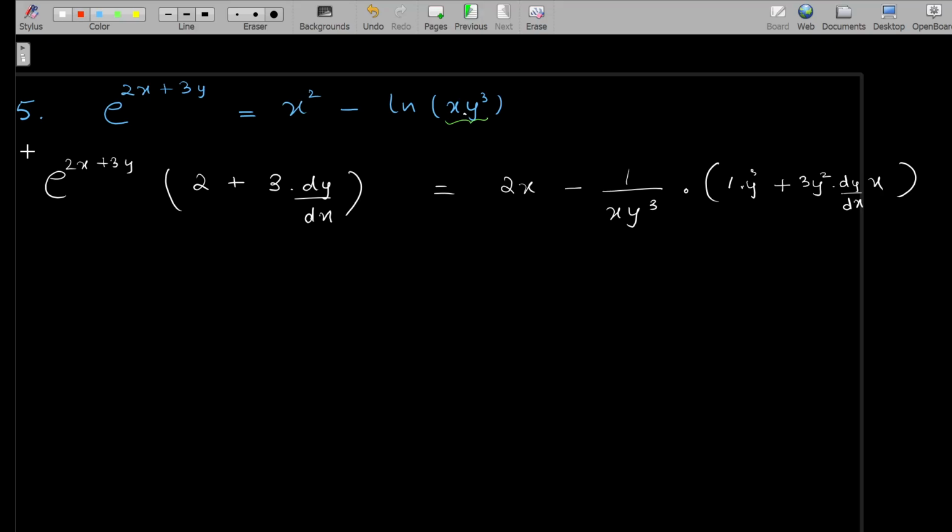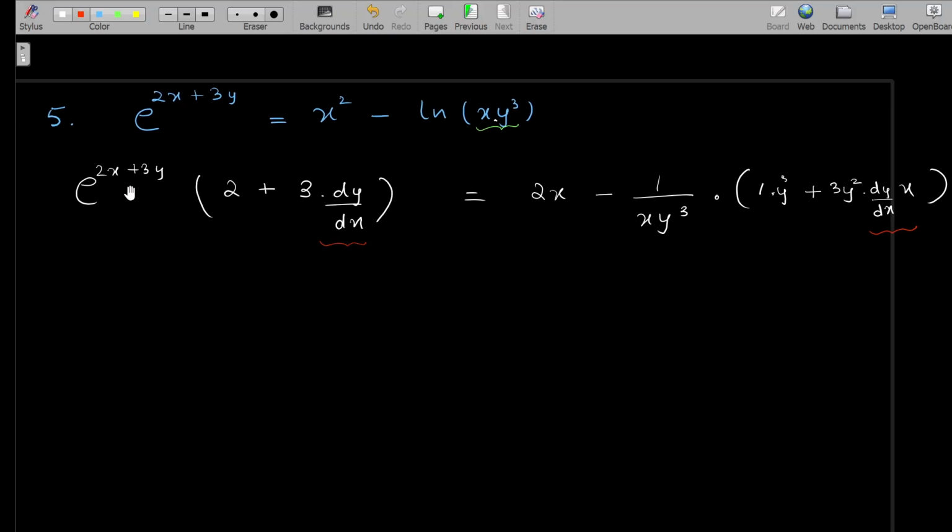So now it's all algebra. The calculus part is done. It's over. Now this is algebra. First you'll have to distribute this e function inside. So you get 2e raised to 2x plus 3y plus 3 times e raised to 2x plus 3y dy over dx equals 2x minus, distribute this.